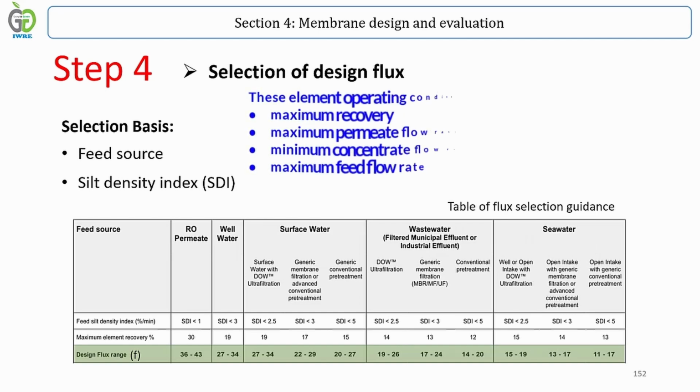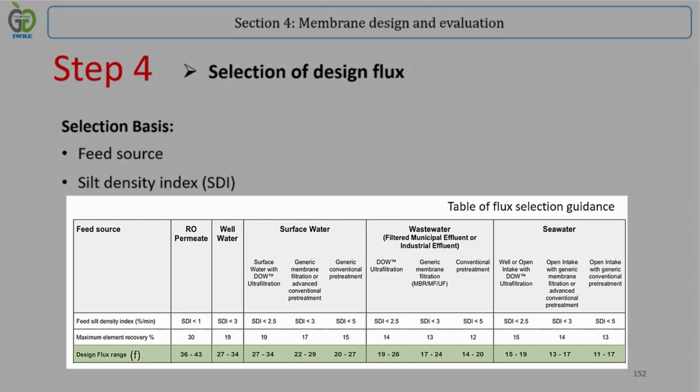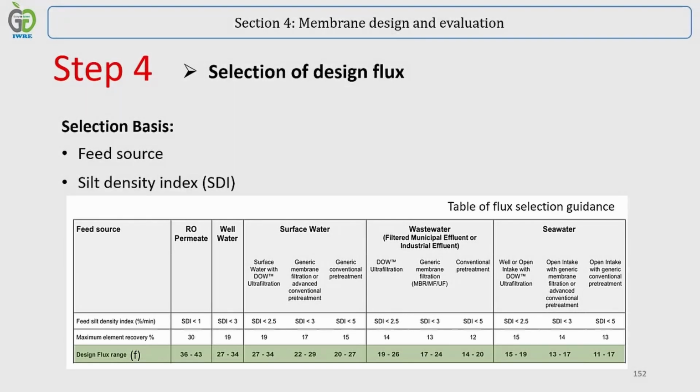These element operating conditions are limited by the maximum recovery, maximum permeate flow rate, minimum concentrate flow rate, and maximum feed flow rate. The higher the fouling tendency of the feed water, the stricter the limits of these parameters. The proposed limits are recommended guidelines presented in this table.